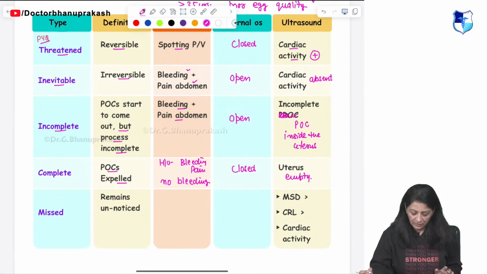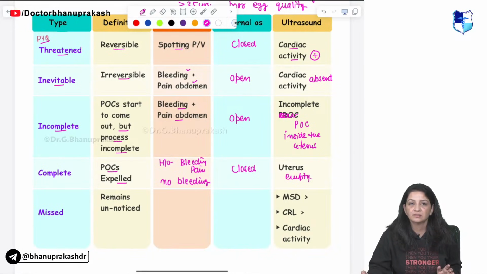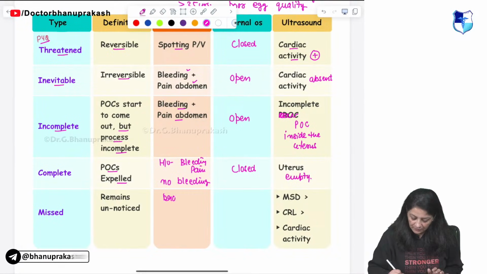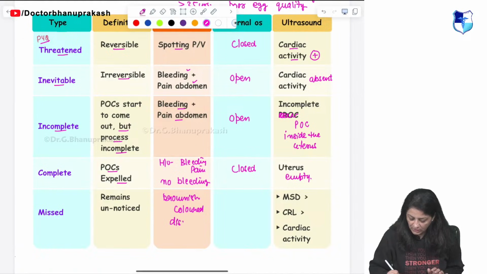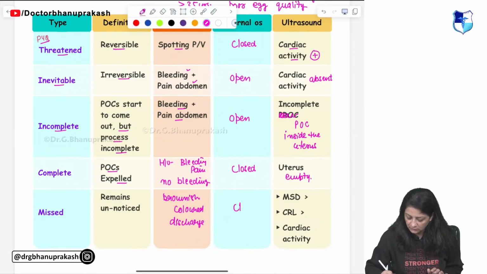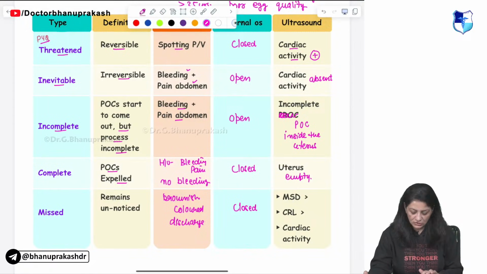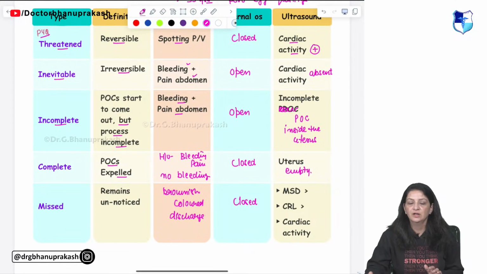Missed abortion remains unnoticed, means the female is not aware of missed abortion. Symptoms: sometimes brownish colored vaginal discharge, internal os closed. So what is the ultrasound definition of missed abortion?